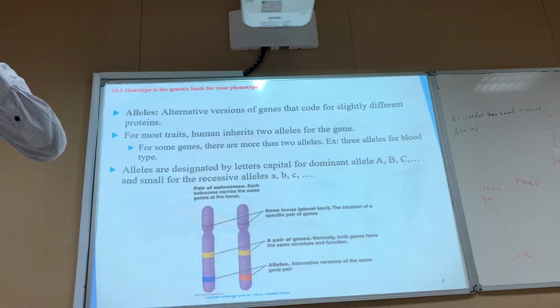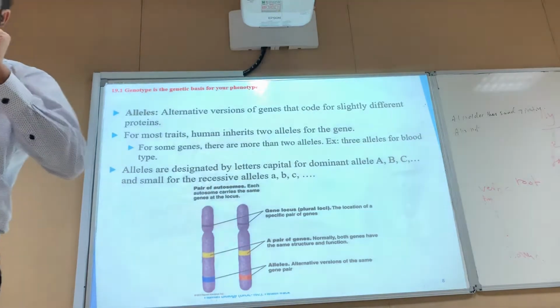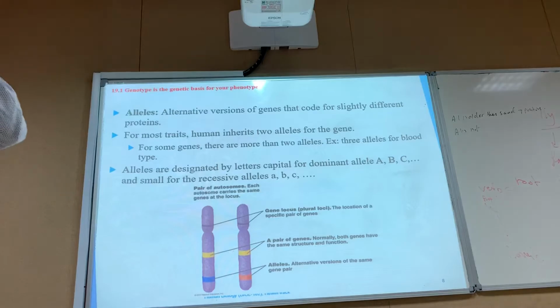So I must carry at least one dominant allele. I get two alleles, and one of them must be dominant. If you want attached earlobes, both alleles must be recessive. We'll talk about that later.